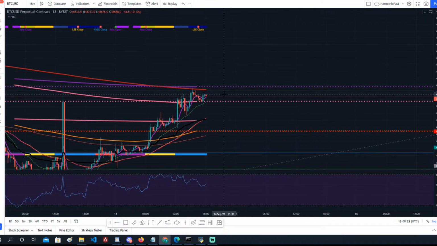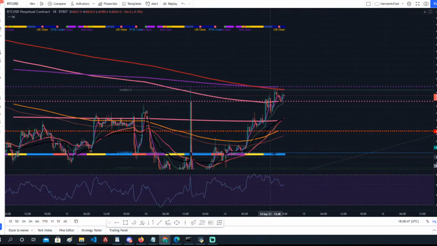So let's set up our first alert at the top, at the purple line, and our buy alert at the lower pink line. And I think that would be our first thing. Then we'd like to add another alert at the VWAP and maybe a third one at the 21 EMA.